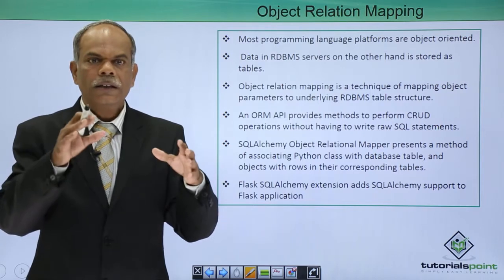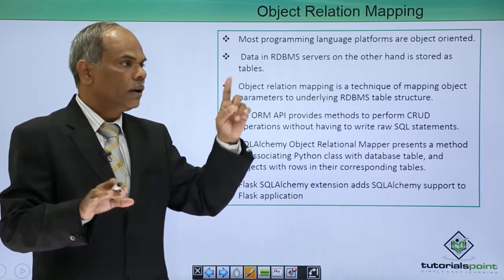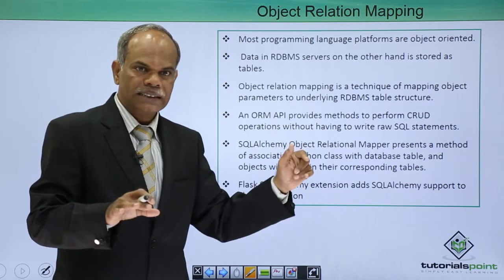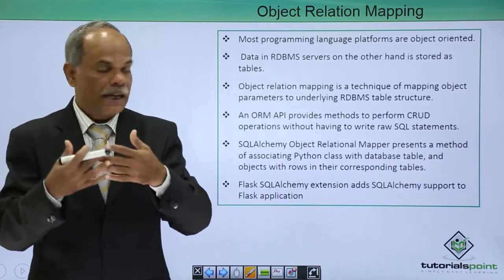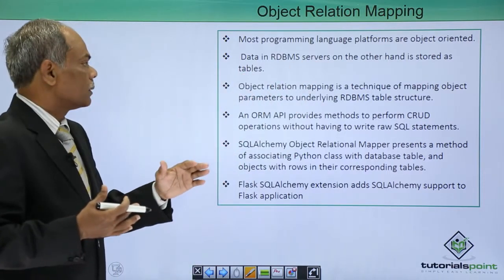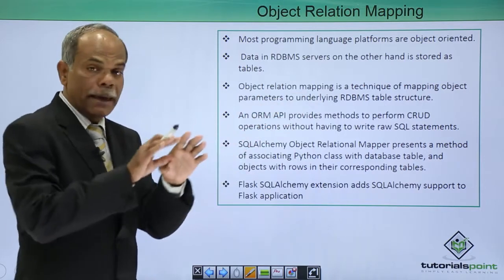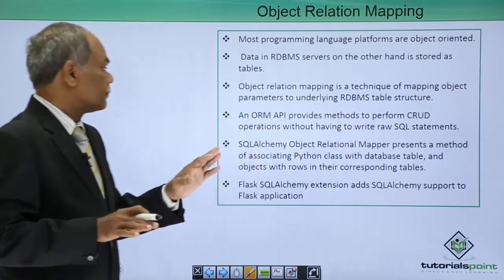Therefore, to map or correlate the instance variables of a class to the fields in a table, that is how object relation mapping is done. So it is a technique of mapping the object parameters to the table structure.